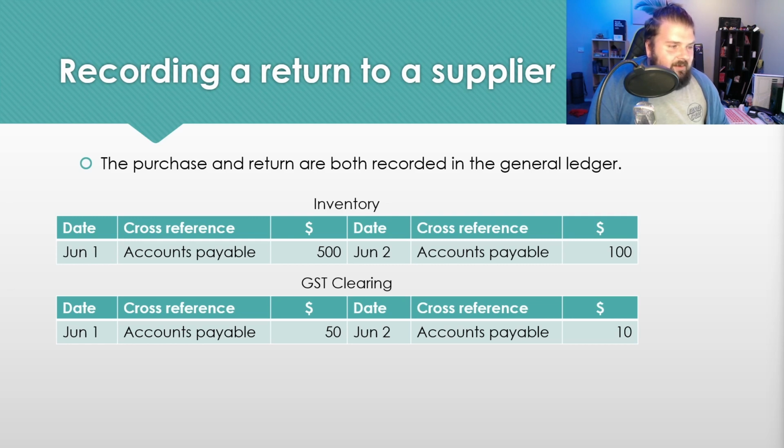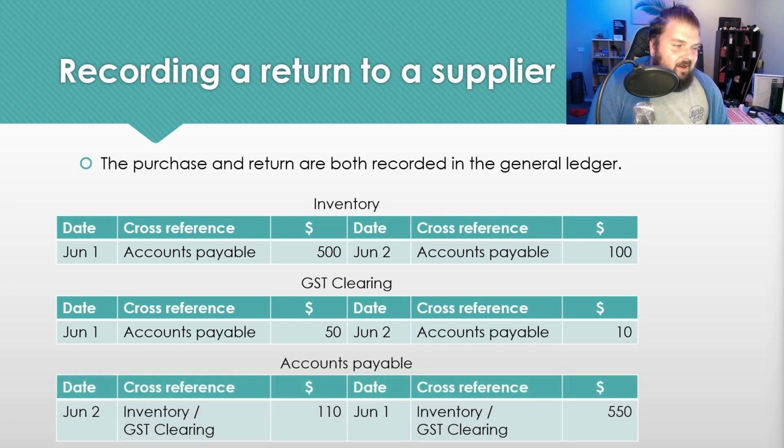We are recording that we've essentially promised to pay off $50 of it, and then the next day, we still owe that to the government, so that's still in there. And in our accounts payable account, you can see here we have the original amount of $550, and then over here we have $110, which is what's been returned. Okay?